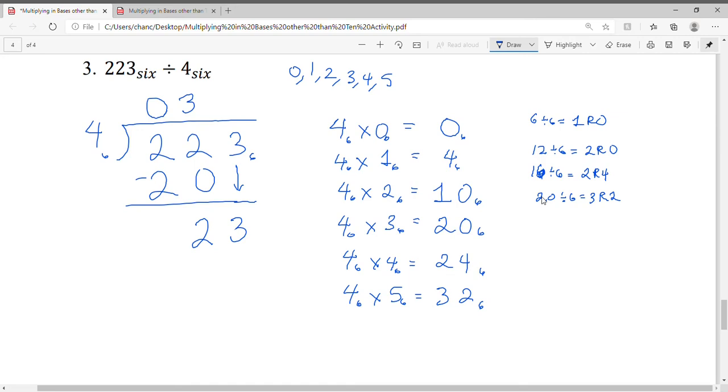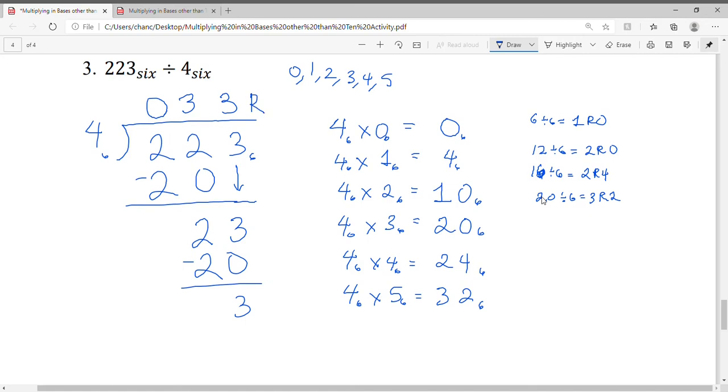4 times what gives me close to 23 without going over? I have 4 times 3 is the best I can do. So we'll put another 3 up here. Then do 4 times 3, that's going to give us 20. Subtract, I get 3. There's nothing else to bring, and 4 does not go into 3. So we have a remainder.